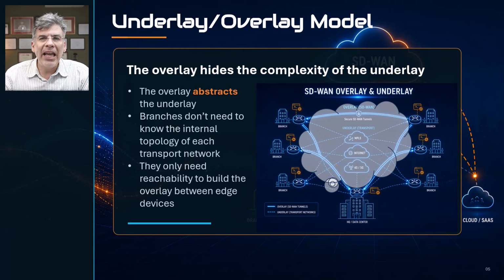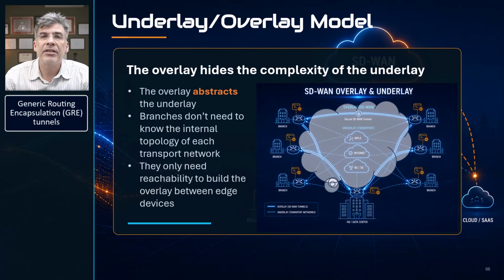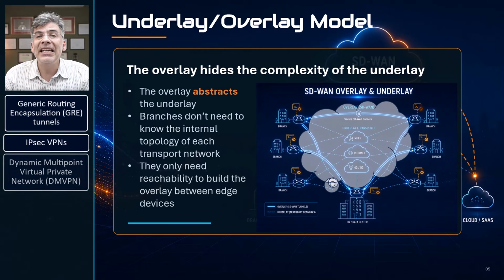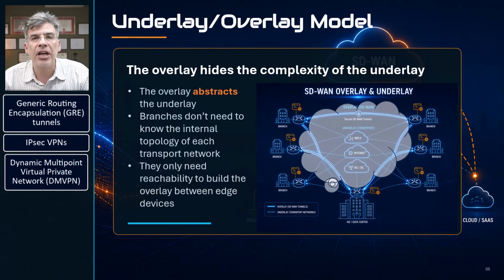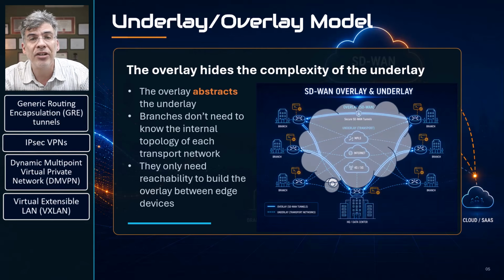Now, this underlay and overlay model is not unique to SD-WAN. You may have seen similar ideas in other technologies as well. For example, GRE tunnels are overlays. IPsec VPNs are overlays. DMVPN is also an overlay architecture. VXLAN is an overlay architecture used in data center networks.